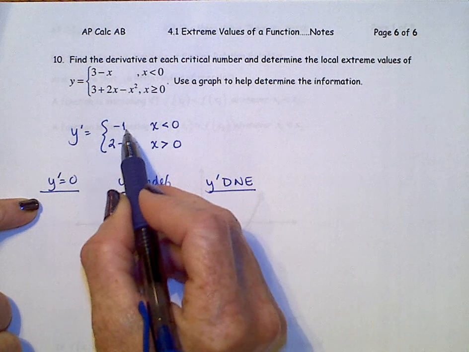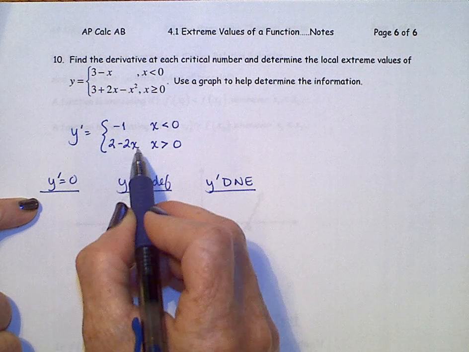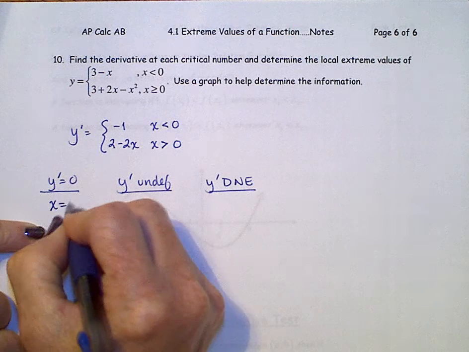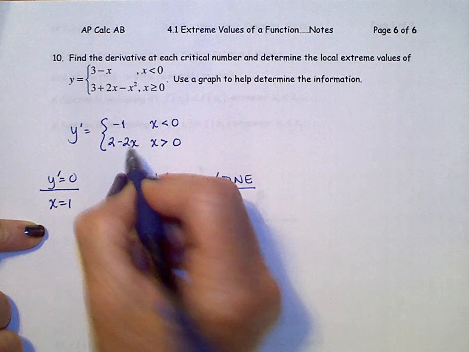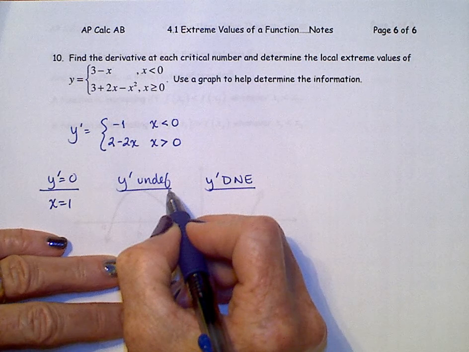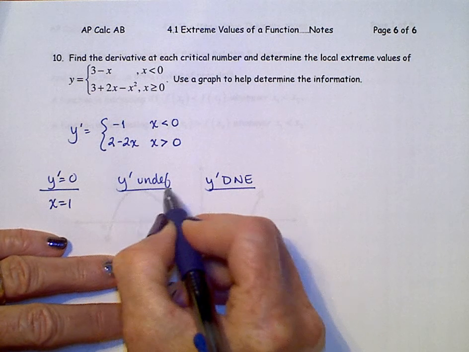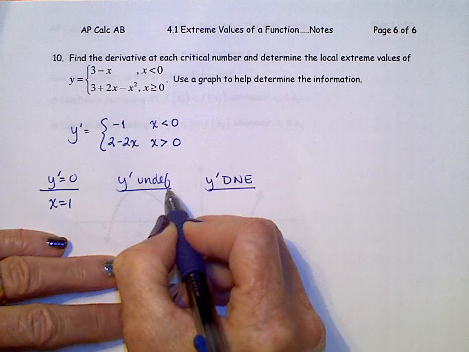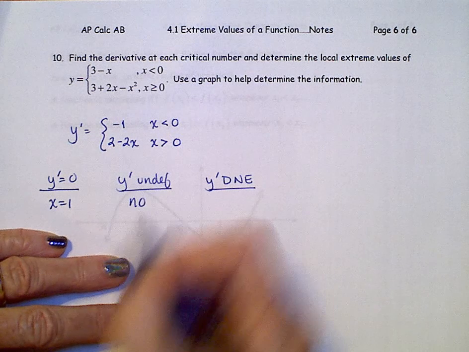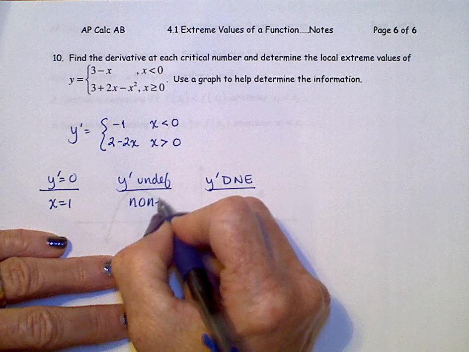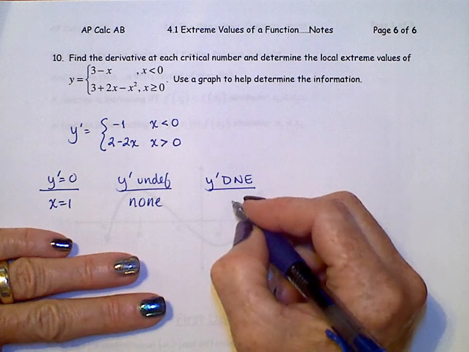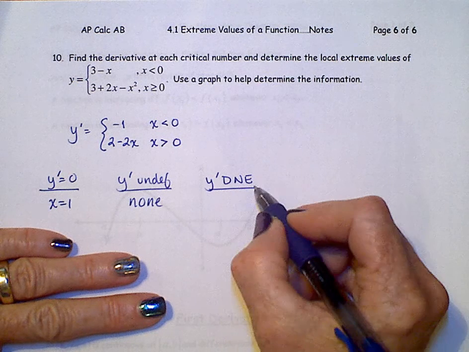No. Could this piece ever equal 0? Yes. If x is 1, then that piece could equal 0. Is y prime ever undefined? And undefined is coming from a denominator equal to 0. We have no denominators up here, so this is none. All right, now, we haven't seen this yet. It's finally coming up. Y prime does not exist.